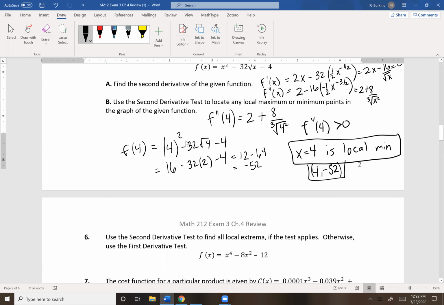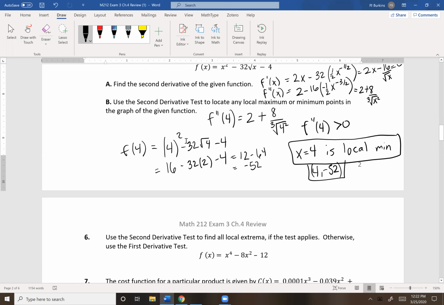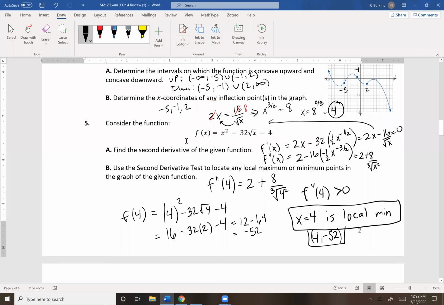I have a question though about that. When you took the first derivative, you have 2 plus 8 over that cubed root situation. But when you put it up top and you took the second derivative, you put an x in with 2. You're talking about this guy?